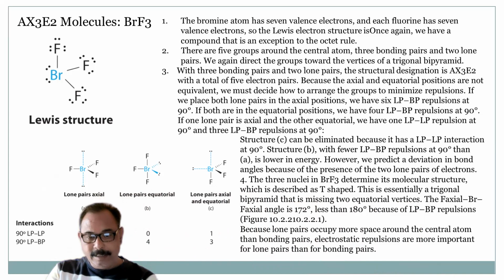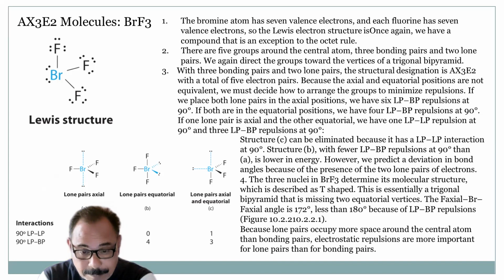The bromine-axial fluorine angle is 172°, which is less than 180° because of lone pair-bond pair repulsion.